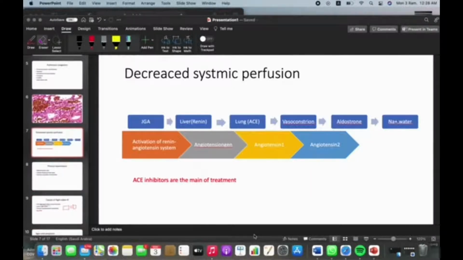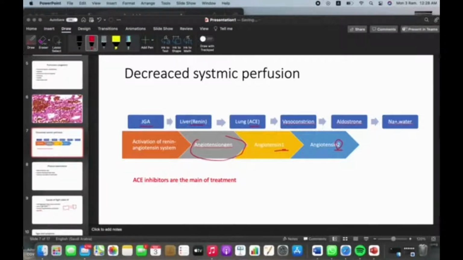As we know from renal physiology, if there is low blood flow toward the kidney, the juxtaglomerular apparatus will sense the low blood pressure and will secrete renin. Renin will convert angiotensinogen into angiotensin 1, and angiotensin 1 into angiotensin 2 by angiotensin converting enzyme. Angiotensin 2 will do two things.